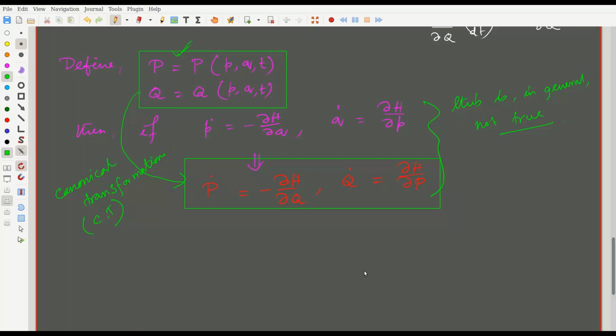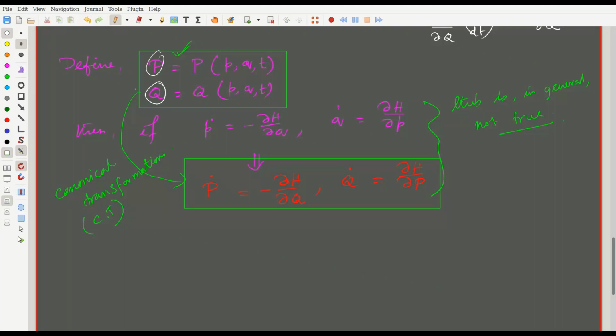Now, one small piece of nomenclature. Notice that for any arbitrary set of P and Q, Hamilton's equations do not hold. So those sets of P and Q for which the canonical equations of Hamilton hold are called canonically conjugate coordinate and momentum.